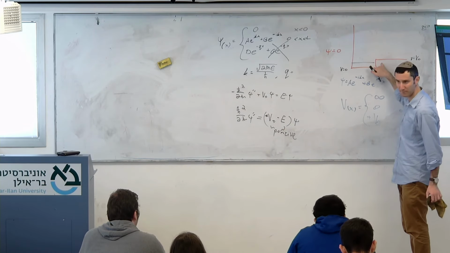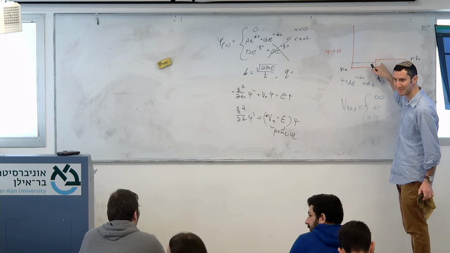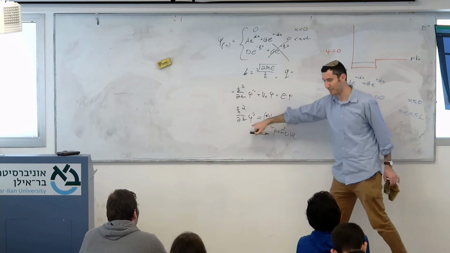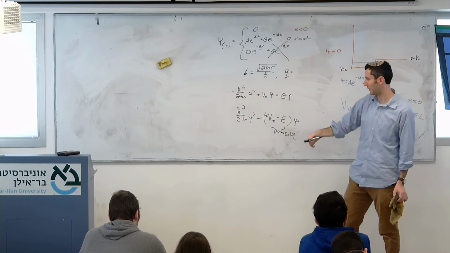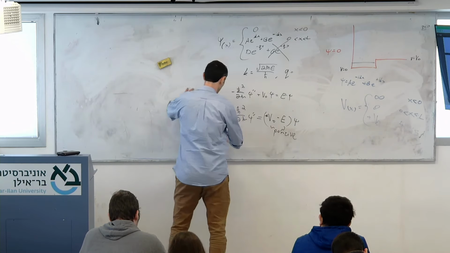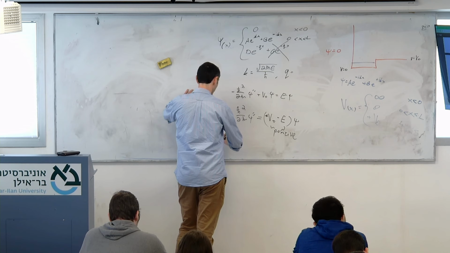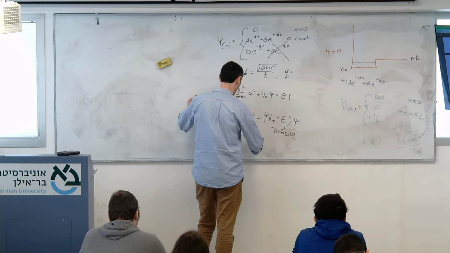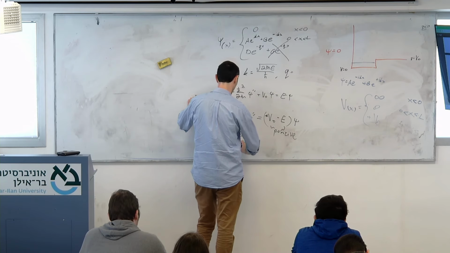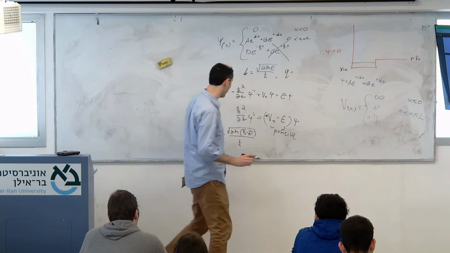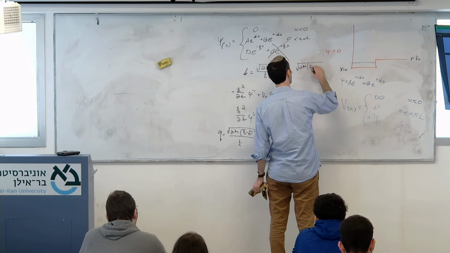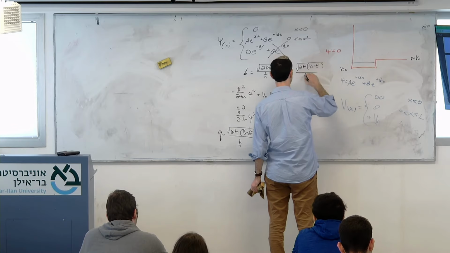So if this is positive, my answer is, of course, real exponents and not imaginary ones, where my q is going to be the square root of 2m times V naught minus E over h bar. So I'm going to write it here: 2m (V naught minus E) over h bar.